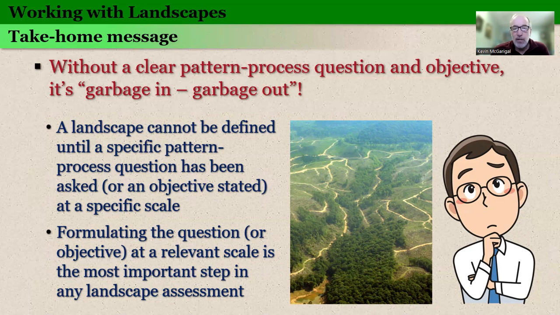And landscape definition is the next step in the process and the focus of the next talk in this mini-series. Also, formulating the question or the objective at a relevant scale is the most important step in any landscape assessment. Don't forget that, and don't ever underestimate the importance of starting with a very clear pattern process question and objective.